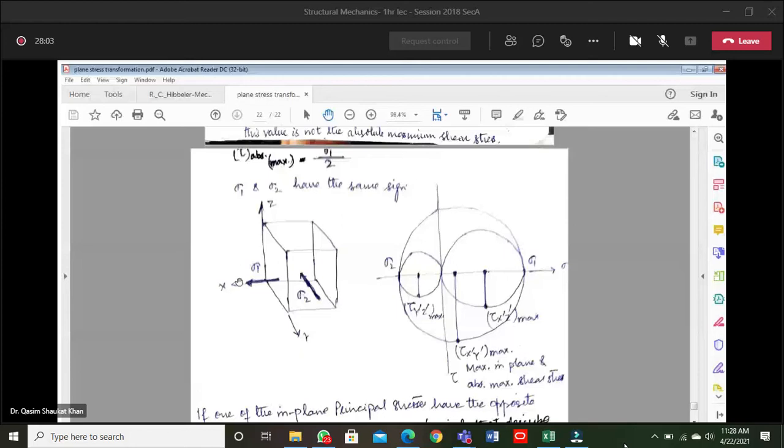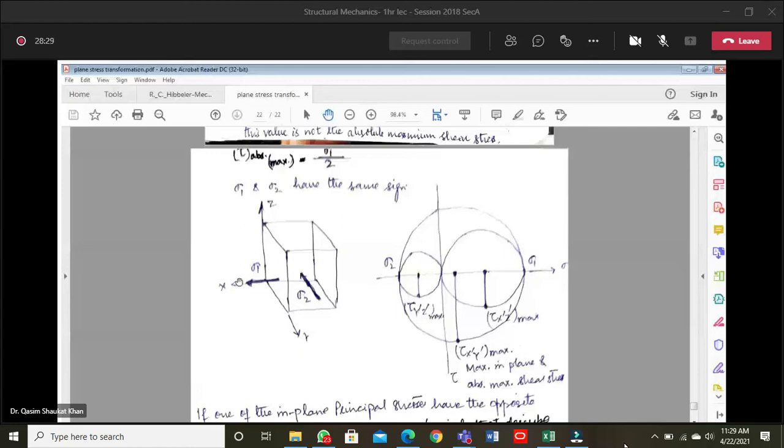So the maximum shear stress in XY is sigma 2 over 2. Now if you see the absolute maximum shear stress, the larger of the three is this one. So the absolute shear is this one, sigma 1 minus sigma 2 over 2.